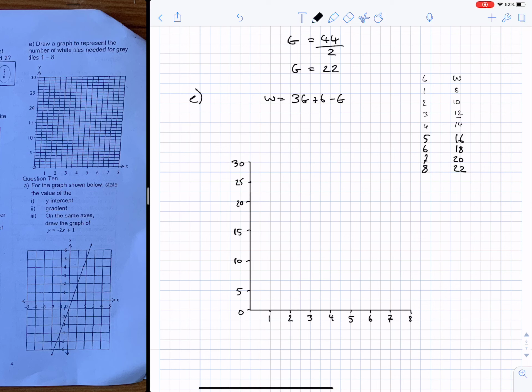Now let's plot these. So these are your x and you've got your y. This is your x and your y, and we know this because of the axes. So at 1 you've got 8, right?